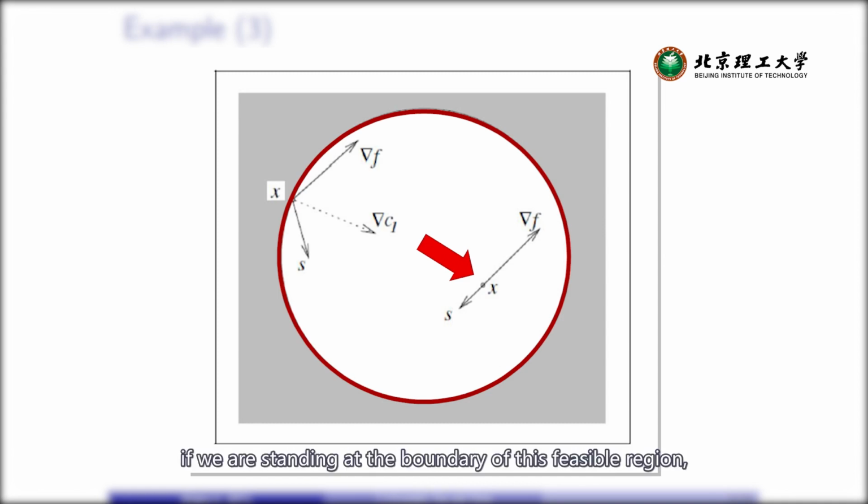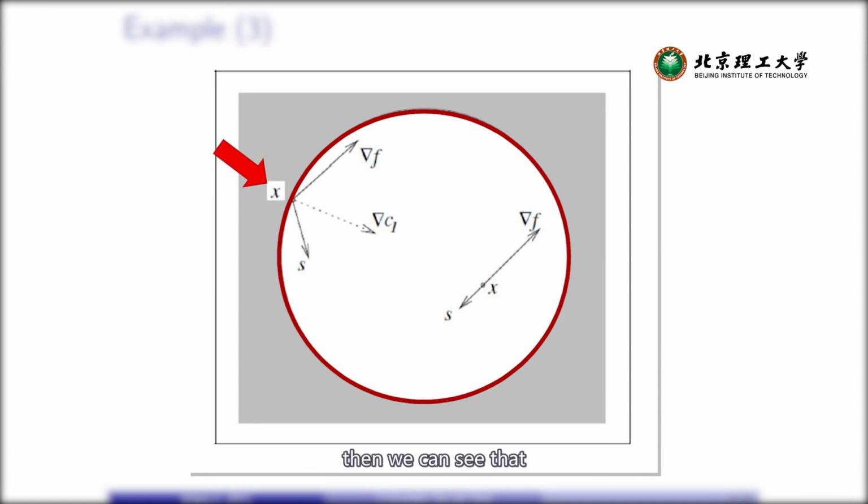However, if we are standing at the boundary of this region, then in order to get a better function value, we need to move negatively along the gradient direction. However, meanwhile, for the feasibility issue, this direction s has to satisfy some constraints.